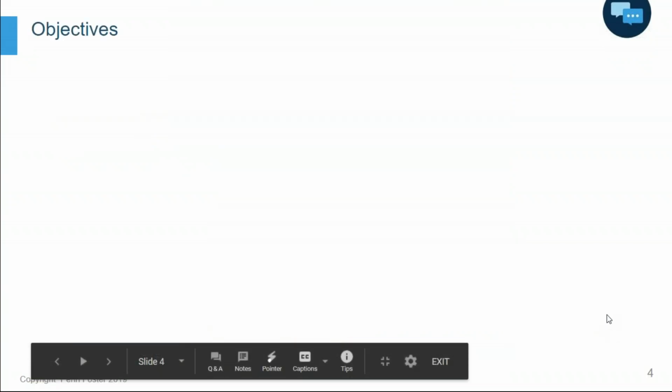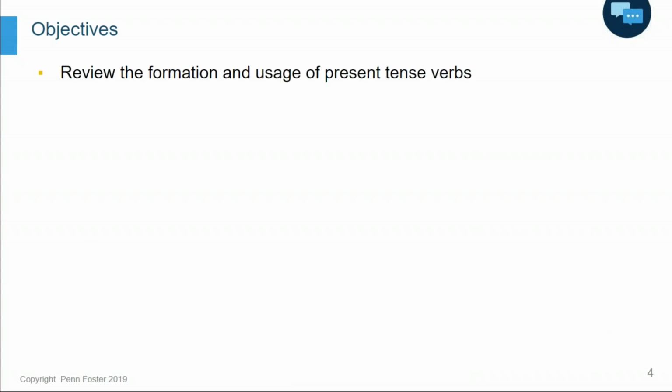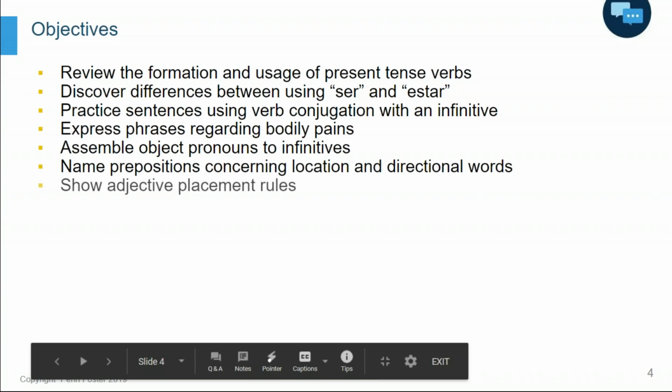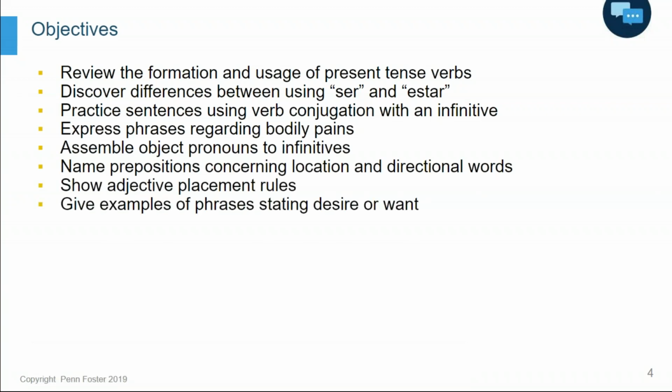So today we will go over a total of 10 objectives in the Lesson 13 webinar, as you will see on the slide in front of you. We'll go over things such as present tense verbs, bodily pains, pronouns, and even do some commands and take questions, amongst the other items here.